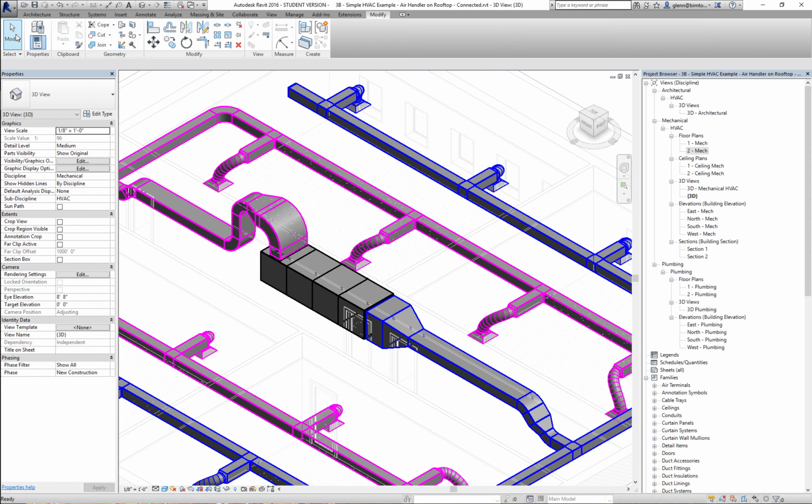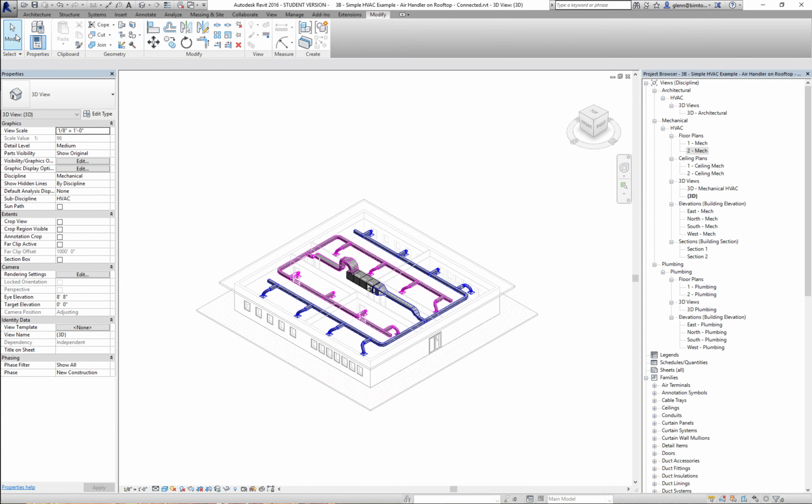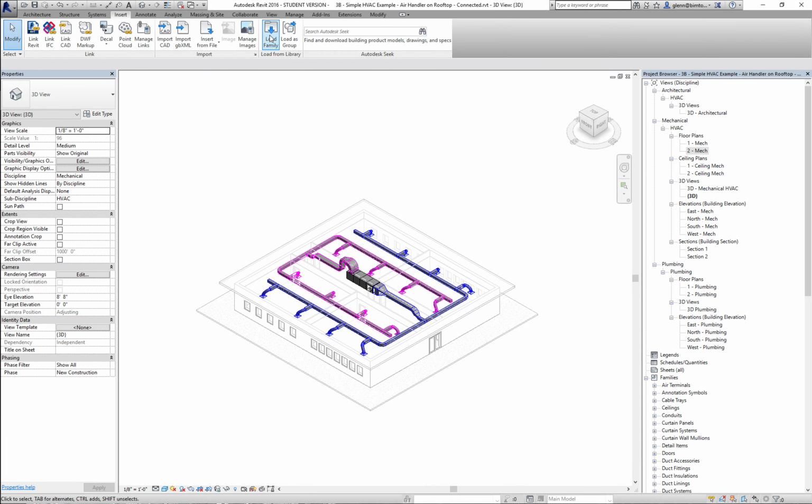It's just usually a matter of getting it all positioned properly so you got things in place. This is an air handler that is designed to be outside, but they got a lot of other air handlers that are also available. Let's grab another one in here. Let's say, we'll just insert another one. Let's load a family.